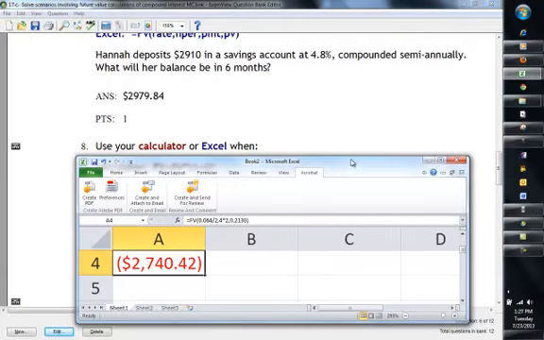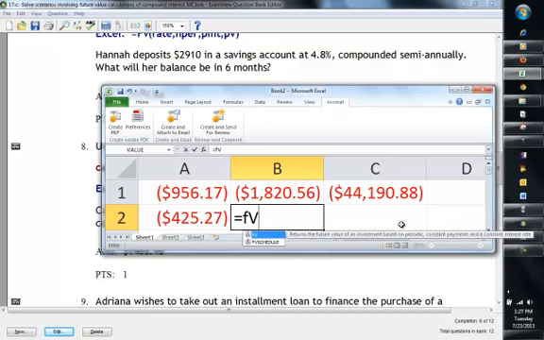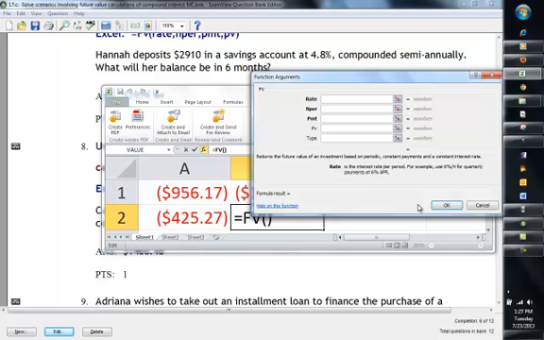Use your calculator. 2190, so we want the future value because it says what will her value be. Notice it says will be her future value. So 0.048, it's compounded semi-annually, so we're going to divide by 2.